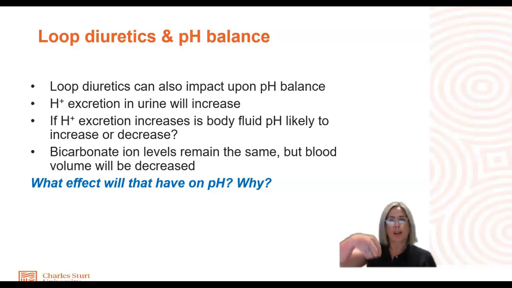But as that filtrate containing high levels of sodium then flows in an upwards direction through the ascending part of the loop of Henle, it's going to encounter other cells with different types of transporters. And some of these transporters might be a sodium hydrogen exchange transporter. So again, some of that excessive sodium in the filtrate will be reabsorbed back into the blood via a sodium hydrogen exchange pump, but at the same time that hydrogen will be pumped or secreted into the filtrate.